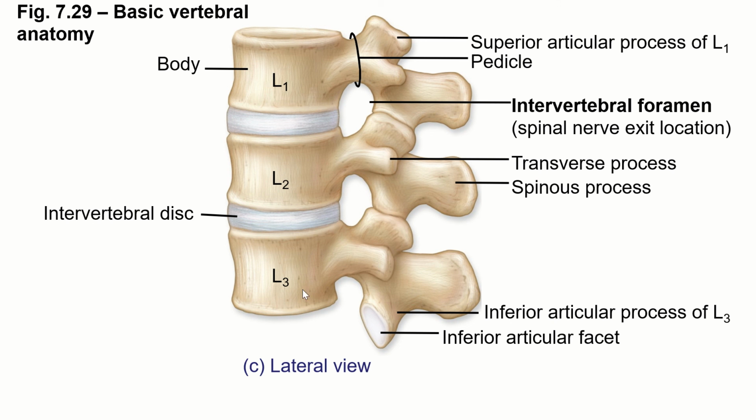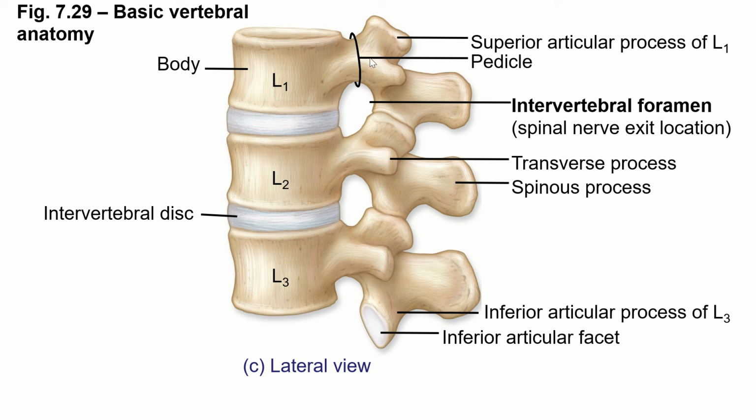Now, when we look at this from the side, here we have first, second, third lumbar vertebrae. You can see the intervertebral discs. And here, off to the side, we have the intervertebral foramina. And notice that the top of this foramen is made by part of the arch of one vertebra, and then the bottom of the foramen is made by the arch of another vertebra.